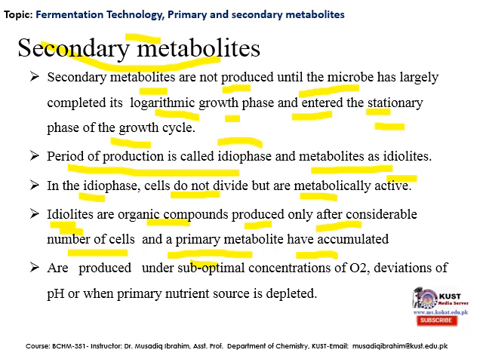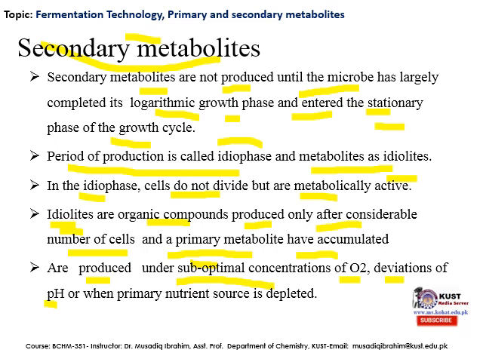Now these secondary metabolites are produced under suboptimal concentrations of oxygen. Suboptimal concentration means a concentration which is less than the optimum concentration, and also deviations of pH.